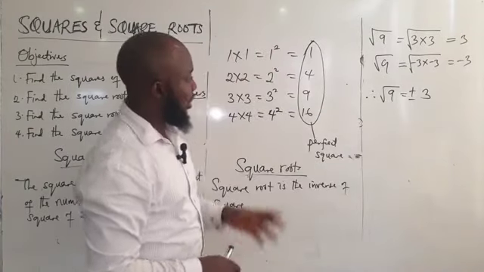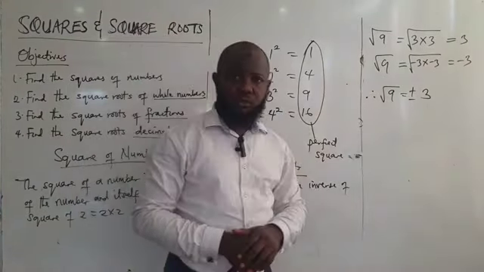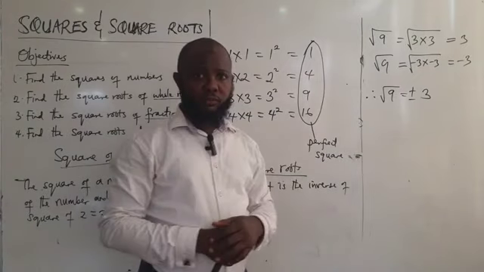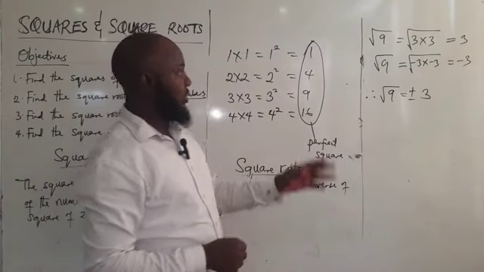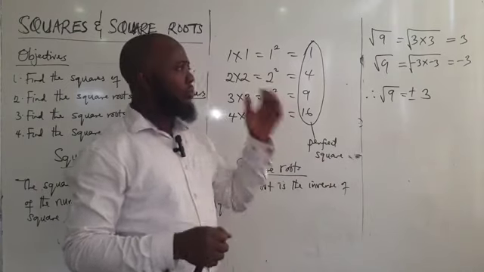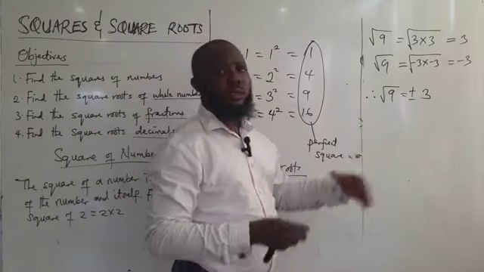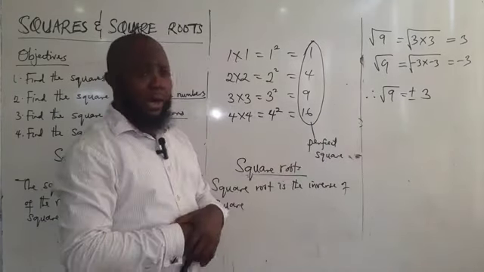But in this video, we want to look at the positive aspect of the square root. We are not looking at the negative aspect. When we get to the topic where we need it, we're going to let you know. Am I making sense here?